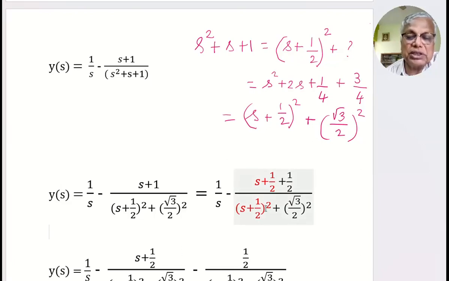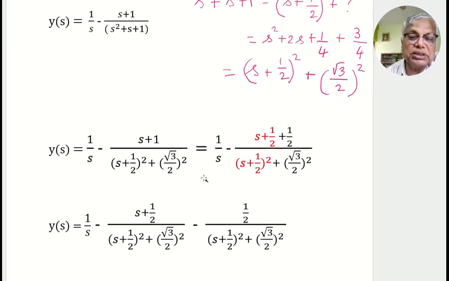Here, whatever you have here, S plus half, I will make this numerator S plus 1 as S plus half plus half. To be the same term as this, the idea is this numerator partially will be the same as this. Okay, now again I will split this.